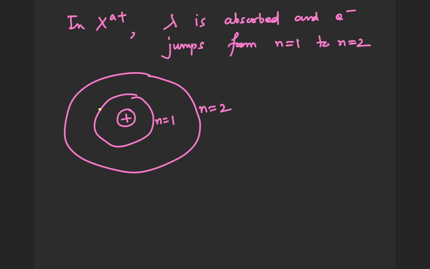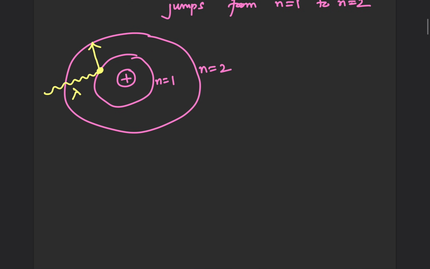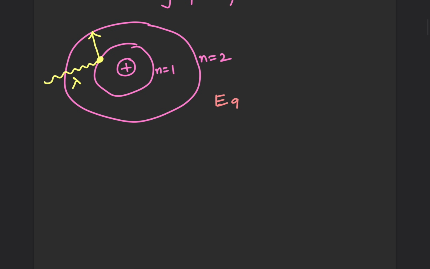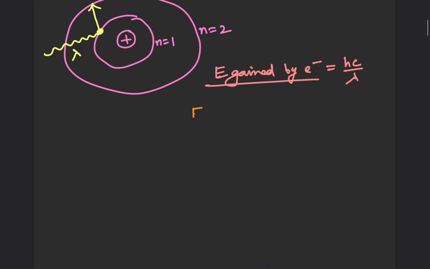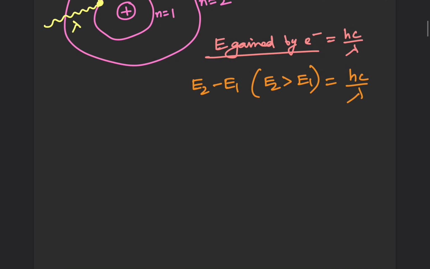Let's say our electron is here. A light of wavelength lambda falls on it, and it gains energy and jumps to n equal to 2. So the energy gained by the electron is equal to hc by lambda. We know this according to Planck's quantum theory, right? Therefore, the energy gained by the electron will be E2 minus E1, because we know that E2 is greater than E1, which will be equal to hc by lambda.